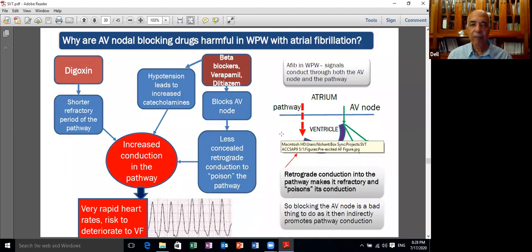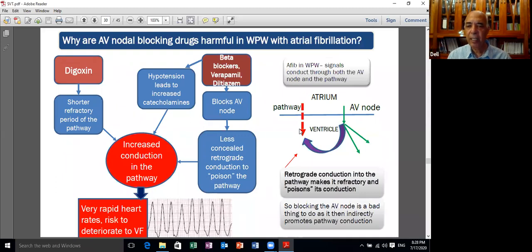So this simplifies the concept: avoid beta blockers, verapamil, and diltiazem, since they block the AV node conduction and facilitate the conduction through the accessory pathway.